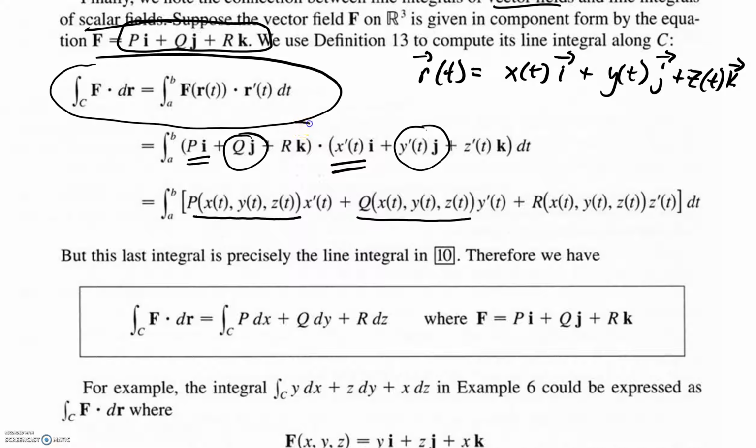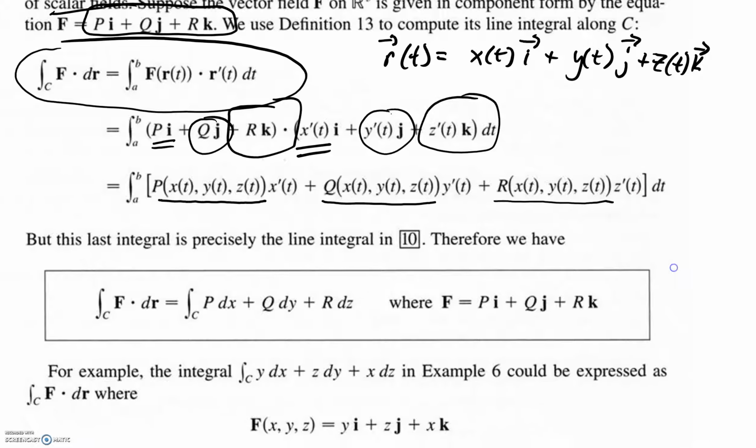Finally, take your R and multiply it to the k component, and you'd have R in its parametric form multiplied by z prime. However, what I hope you remember is that z prime dt was really dz, y prime times dt was dy, and x prime times dt was dx.